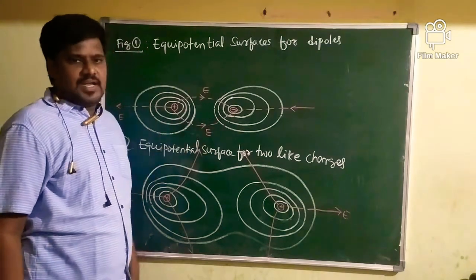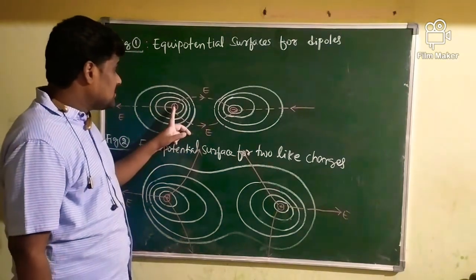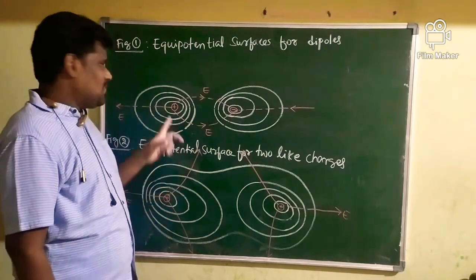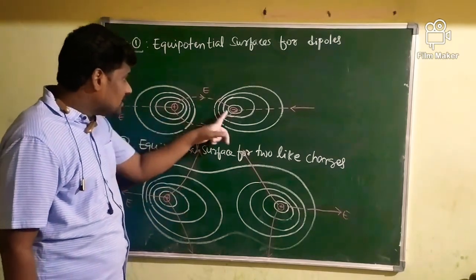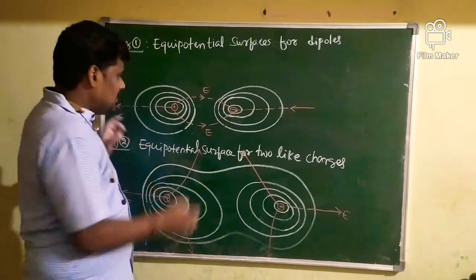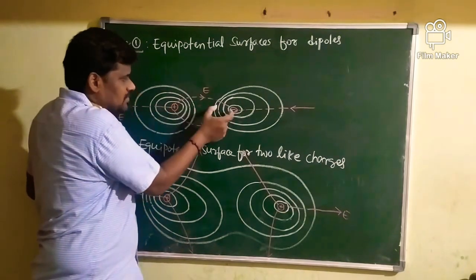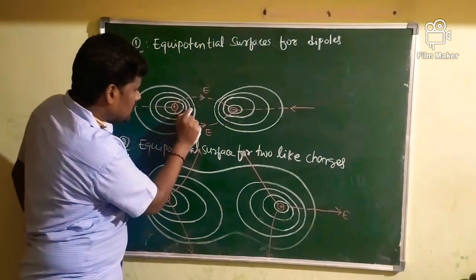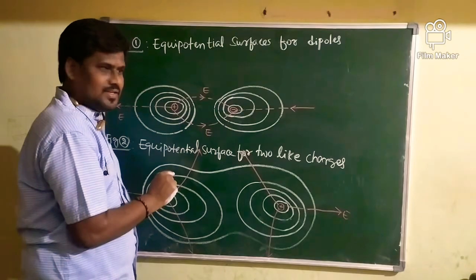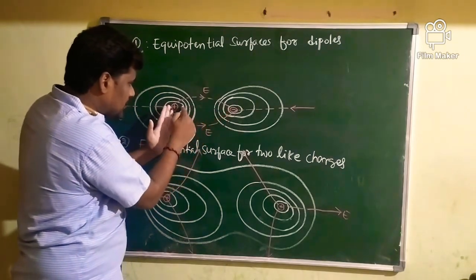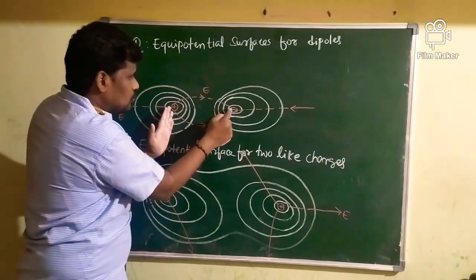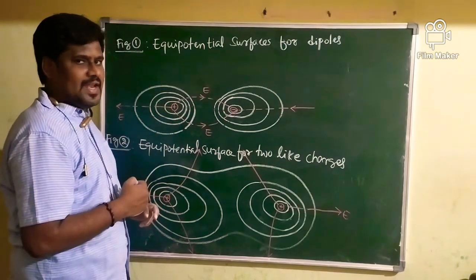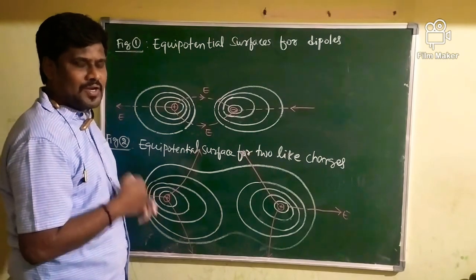For unlike charges, between the charges, the electric field is strong. That's why the equipotential surfaces are very close to each other. Between the charges, the equipotential surfaces are very close, indicating that the electric field is very strong here.